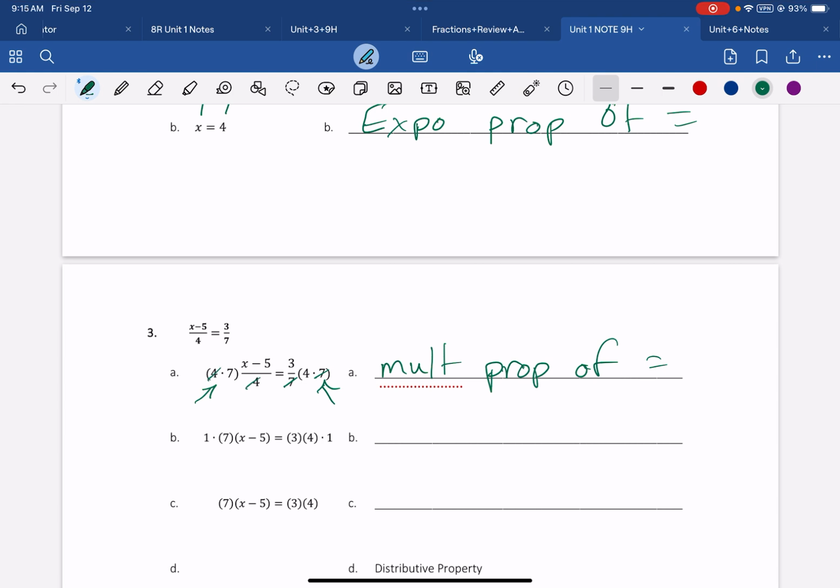So when they're eliminating like that and becoming the ones right here, that is the multiplicative inverse. While the ones disappearing is the multiplicative identity.